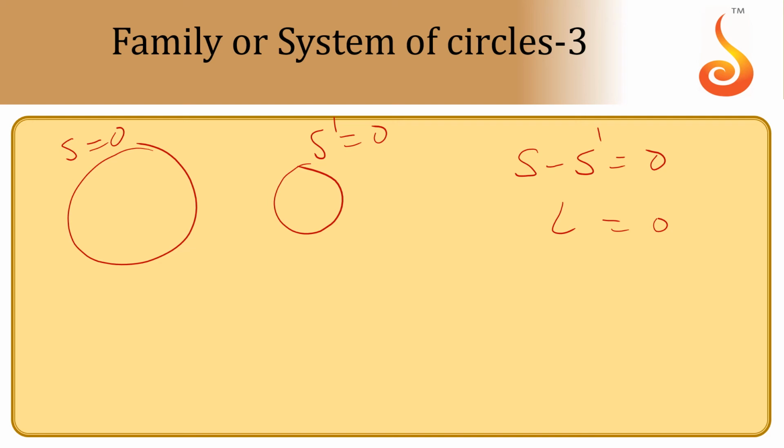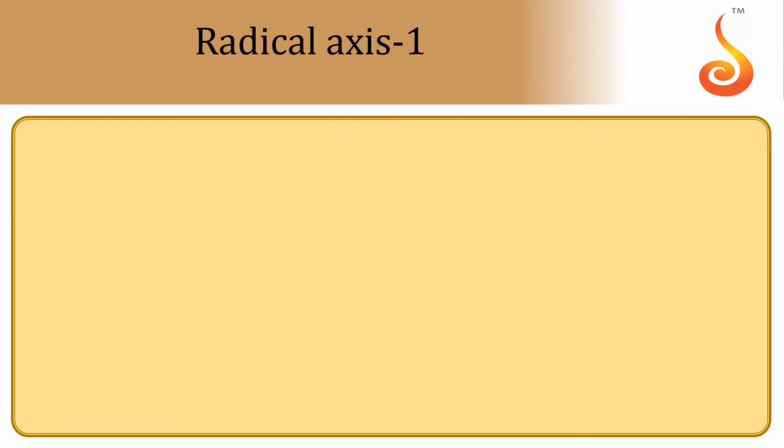If the circles are touching, we named that line the common tangent. But if the circles do not meet, what is the line L equal to 0 generated by S minus S dash equal to 0? It will be called the radical axis.